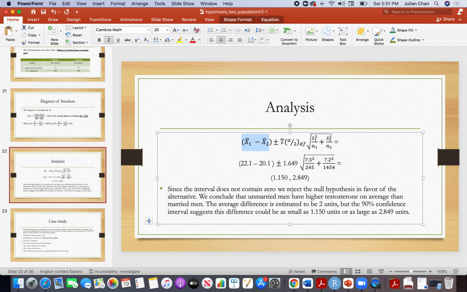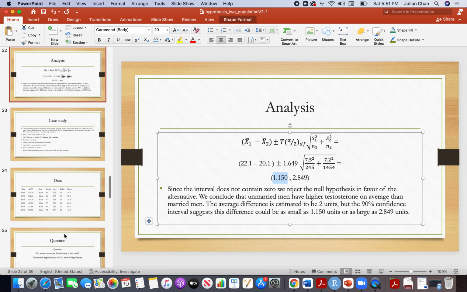We compute the standard error right here, and we get that the testosterone is as much as 1.15 on the low side to as much as 2.85 units higher. And we conclude that unmarried men have higher testosterone on average than married men. And this tells us what this range could be.